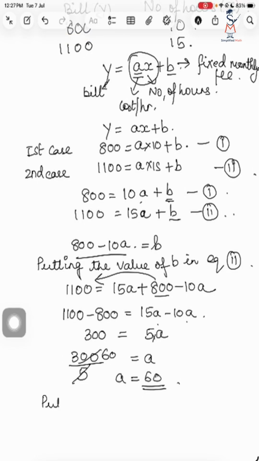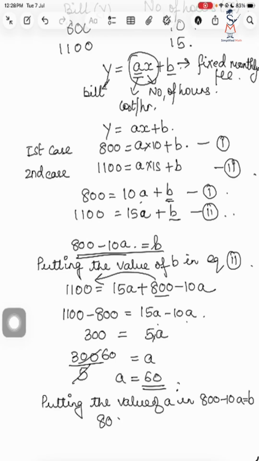Right? Now we will get the value of B, putting the value of A in the equation we have derived: 800 minus 10A is equal to B. Over here, I can put it directly. 800 minus 10 into 60 is equal to B. That is 800 minus 600 is equal to B. So B will become 200.